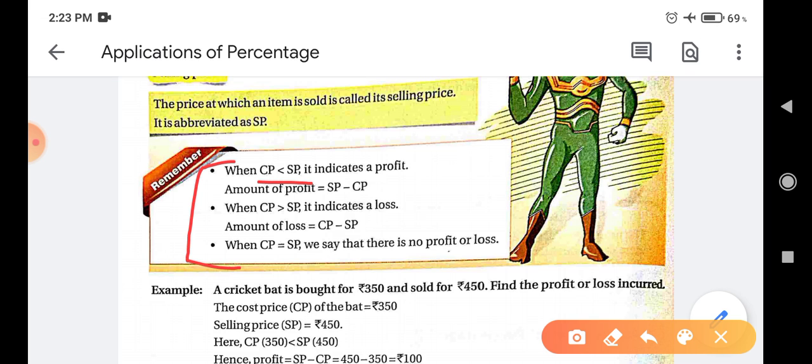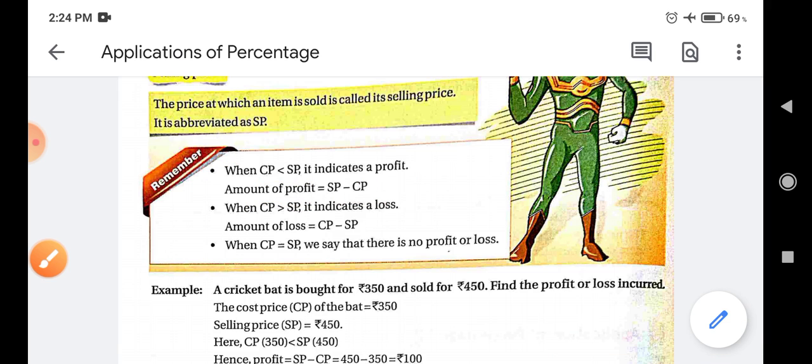Next is the remember box, and you have to remember this. When CP is less than SP, that is, if the cost price of a product is less than its selling price, then it indicates a profit. The amount of profit will be equal to SP minus CP, because SP is greater.